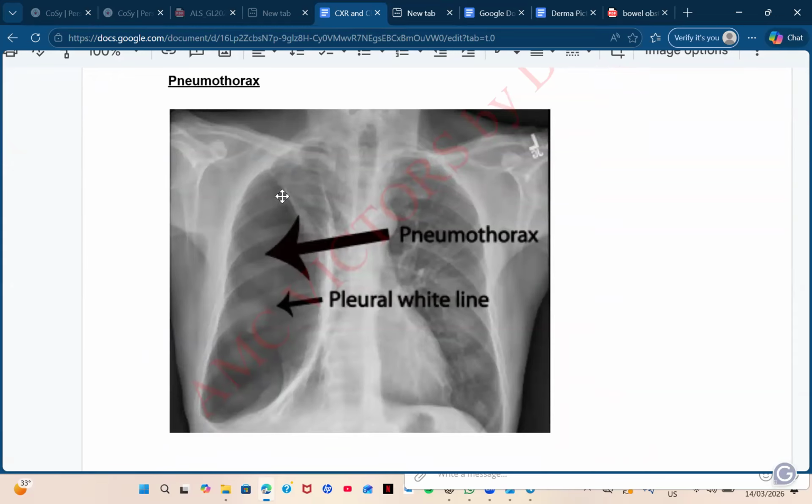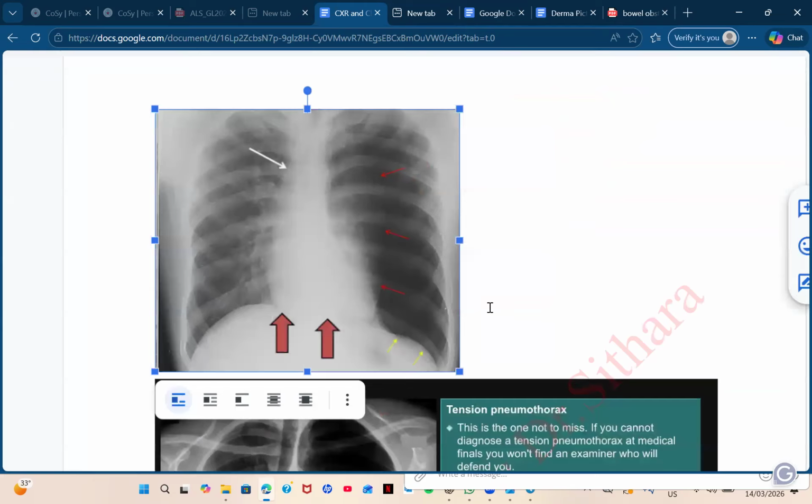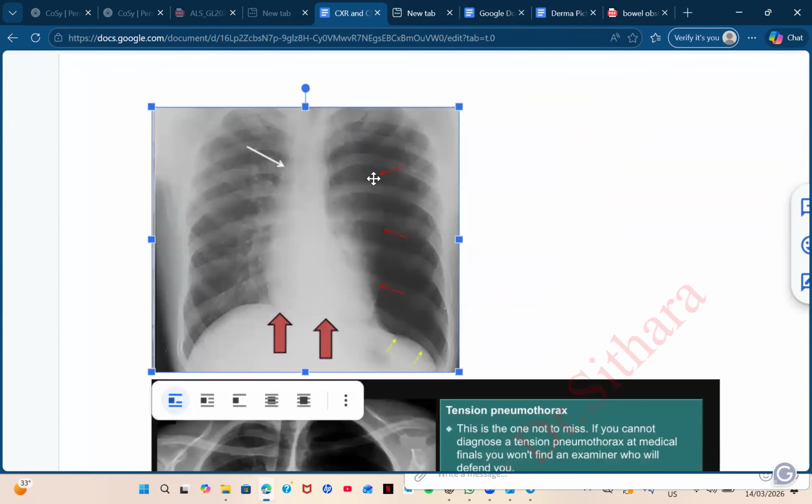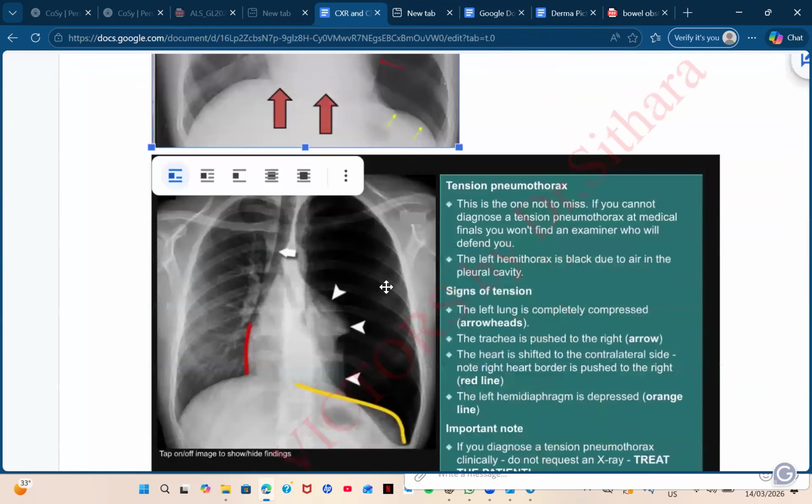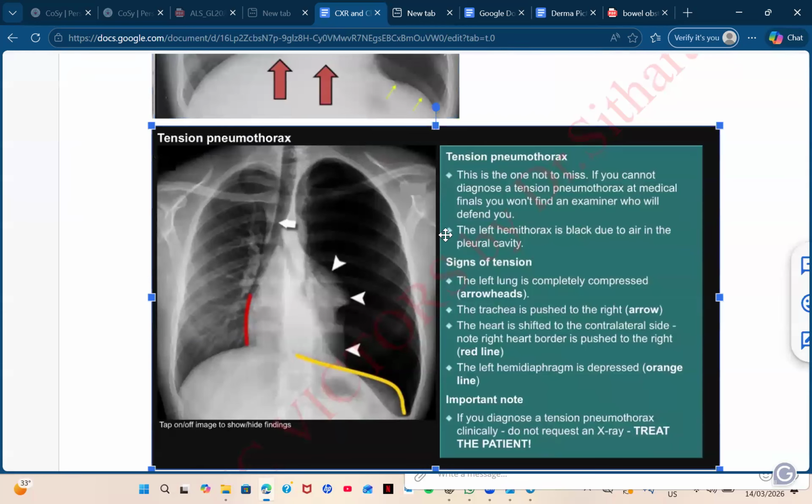And we can see the pleural white line. Can you see here the small white line? We call it the pleural white sign. And we can see the collapsed lung, right, doctors? And here also you can see this white line right here. Okay, this is a good diagram.